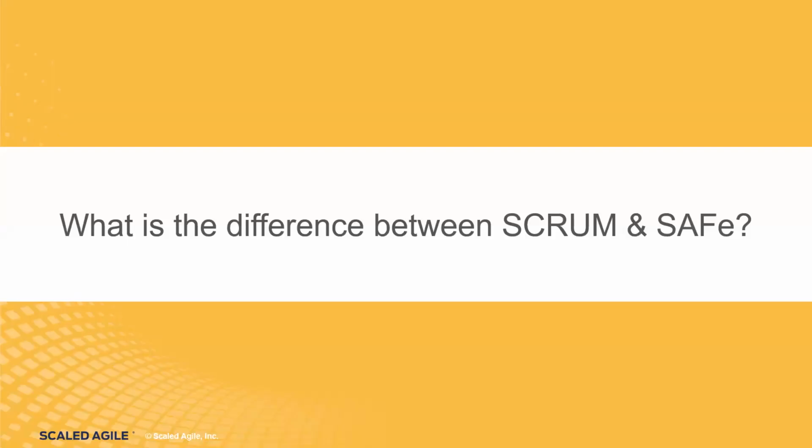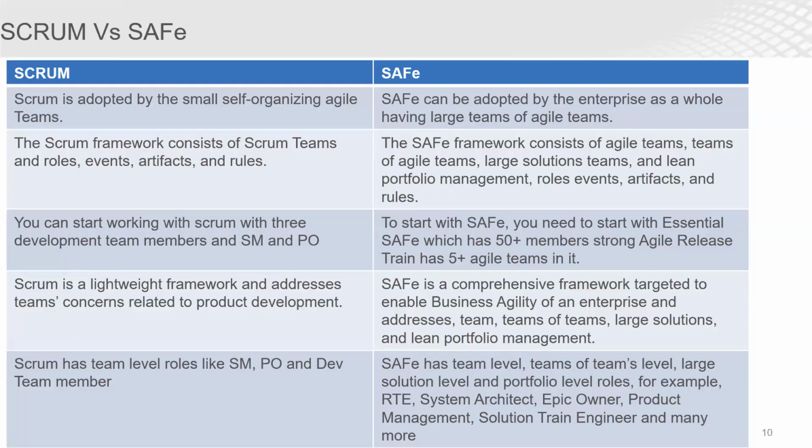So now we'll definitely have a question: what is the difference between Scrum and SAFe? This is the first question the team has asked in a different way. Scrum is a small framework. As I said, it operates for smaller units and gives guidance on how to inspect and adapt at a smaller size, for small changes.